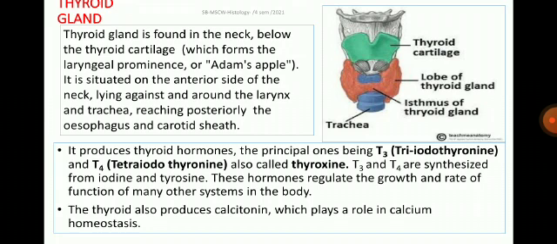These hormones regulate the growth and rate of function of many other systems in the body. Another hormone which thyroid produces is called calcitonin, which plays a role in calcium homeostasis. With this introduction, let us move to the explanation of the histological details of the gland.